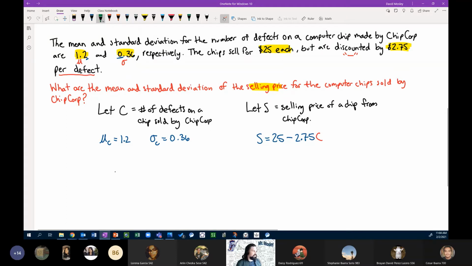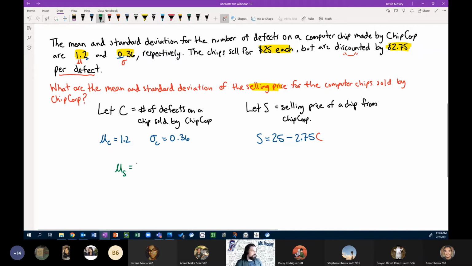To find the mean of S, we use the entire linear transformation. Measures of center are affected by adding, subtracting, multiplying and dividing, so it gets this whole thing.